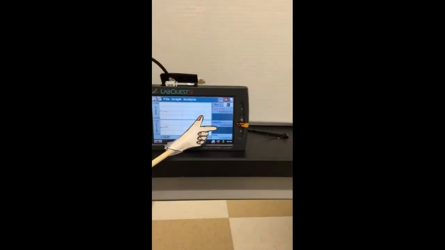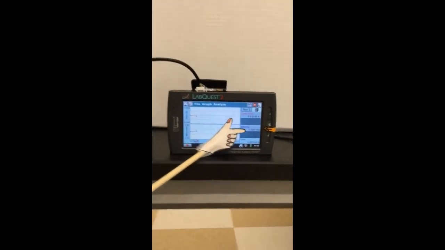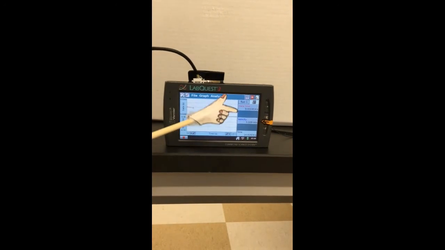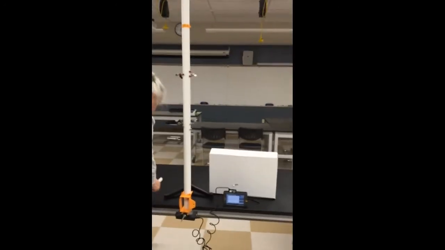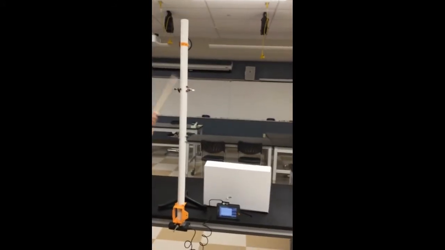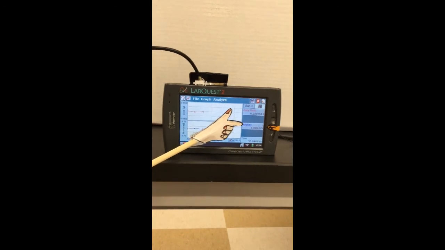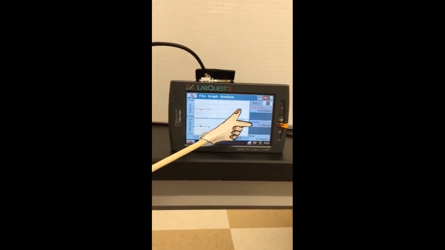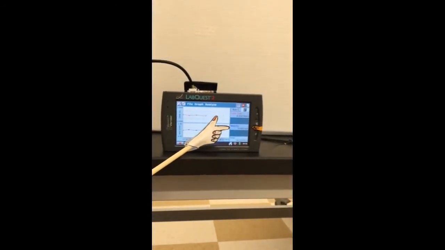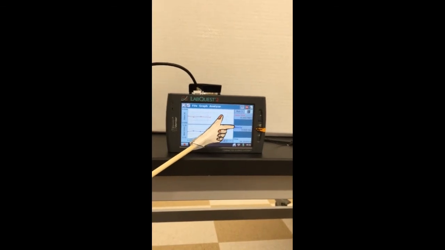The velocity is 5.029. Run 3. Velocity is 5.006. Run 4. The velocity is 5.033.